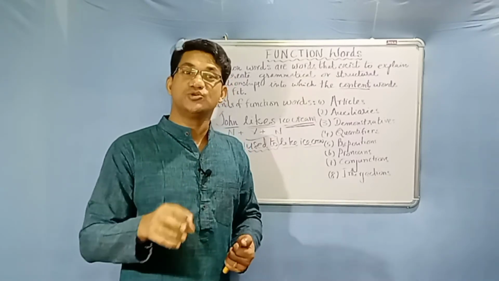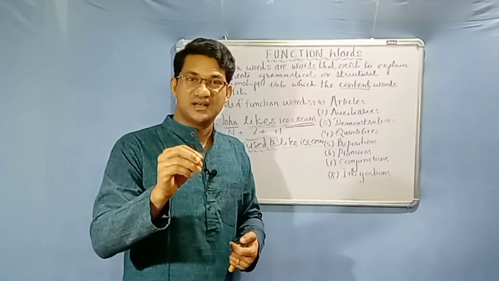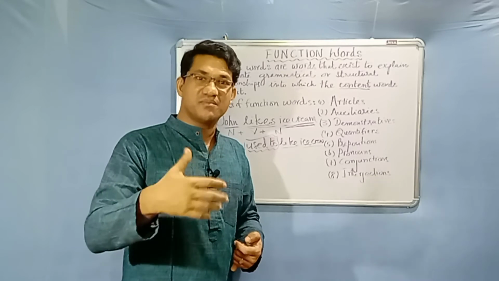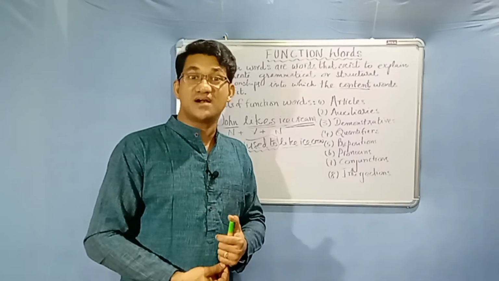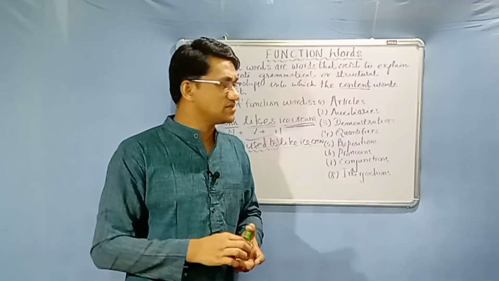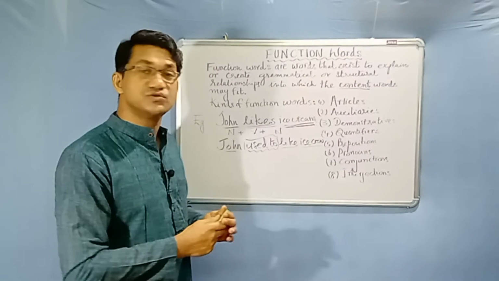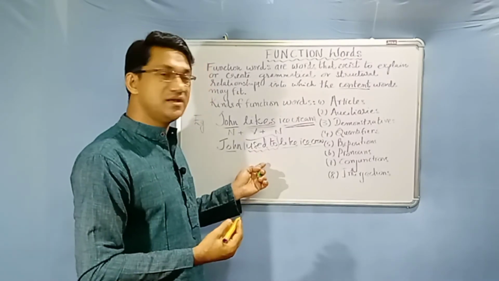So in order to express such different grammatical structures, we depend on function words, which of course do not convey any specific meaning. Say, for example, you have here used to. The word alone does not give us any meaning.